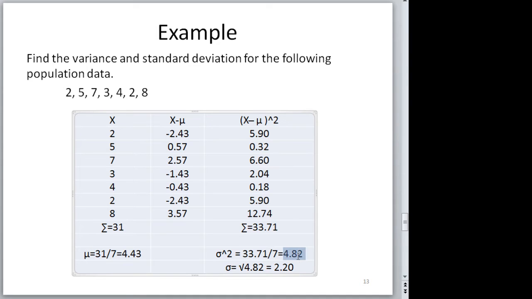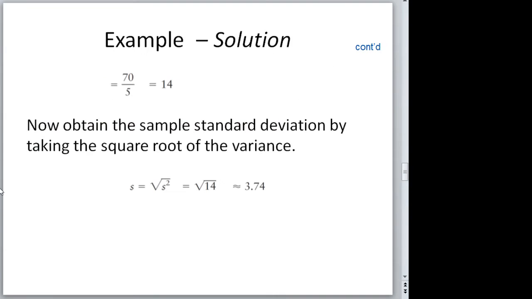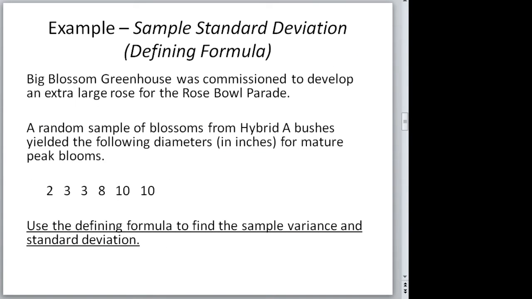Once you find the variance, what do you do? You see that square root symbol? You take the square root of that number, and then you get 2.20. That's our standard deviation value. When we do this type of question, we have to be careful whether this is sample data or population data. If it's sample data, we have to use a slightly different formula, right?